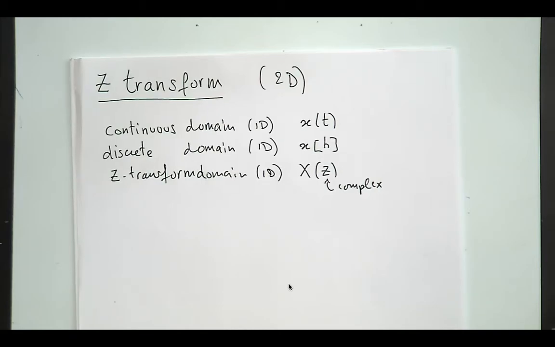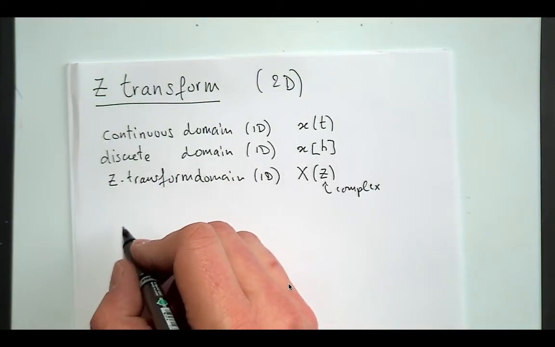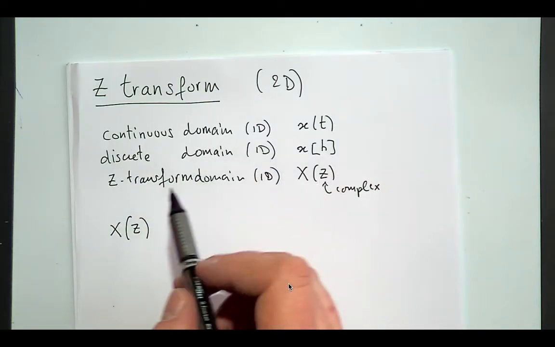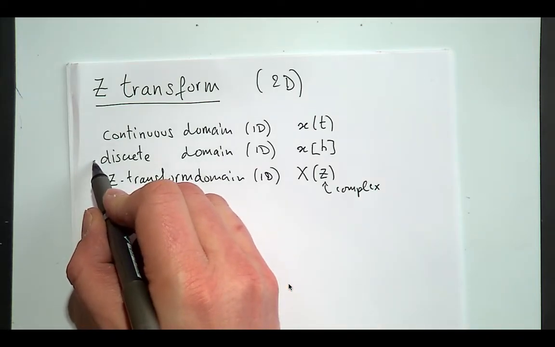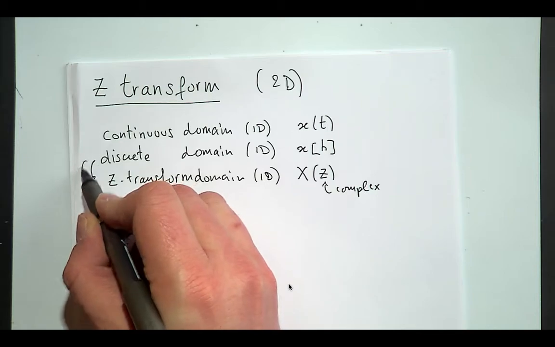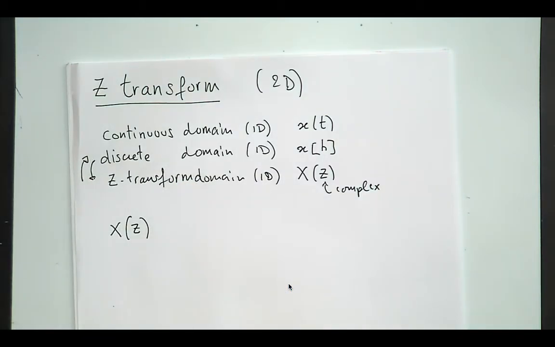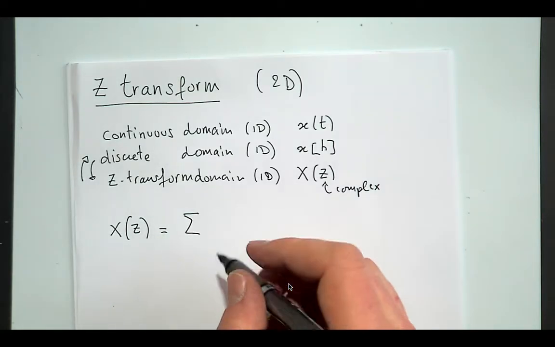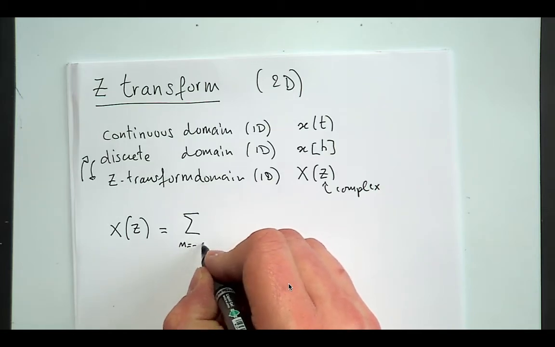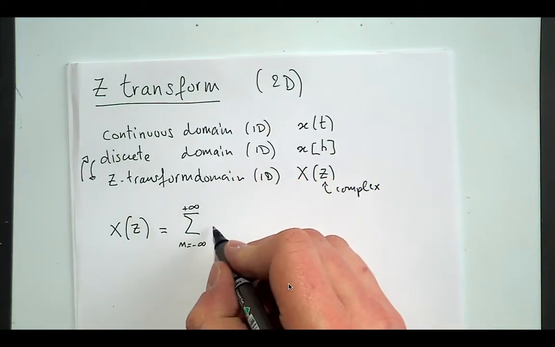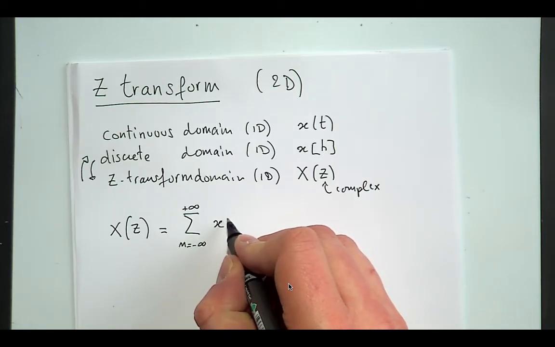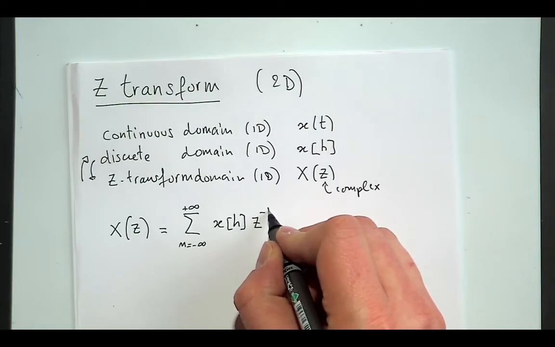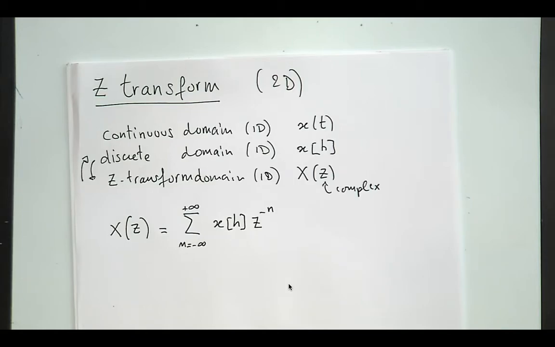All right, so in 1D, the Z transform of your signal. We won't be working with the continuous domain; we'll be only working between the discrete and the Z transform. So the Z transform of my signal is the sum from minus infinity to plus infinity of my samples, and here I have a power of my complex number.